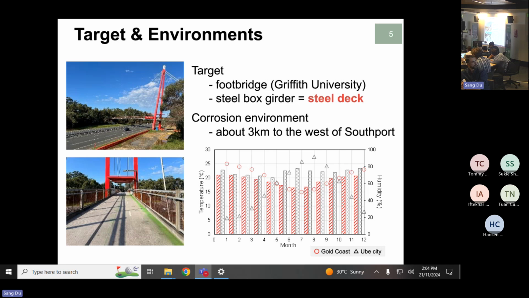For the corrosion environment, it is about 3 kilometers west of Southport. It's close to the sea, and there is also humidity and temperature. The Gold Coast is here, and Ube City is my university's city in Japan. I guess it's not a big difference, but the Gold Coast is more humid throughout the year. It means that for corrosion, it's a little more severe than at my university's place in Japan.